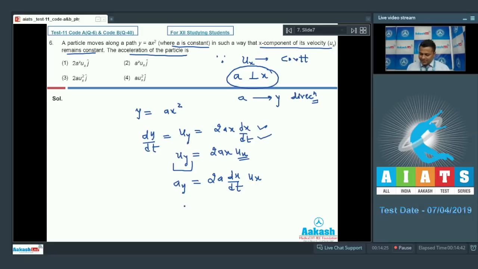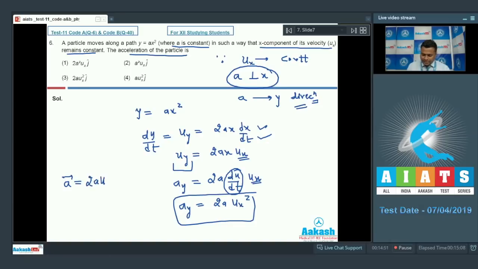So we will get ay as 2a, and already there is ux, so ux square. Direction we already have got, that is along y. Therefore acceleration will be 2a ux square j cap. Option number 3 is absolutely correct, so we will go with option number 3 only.